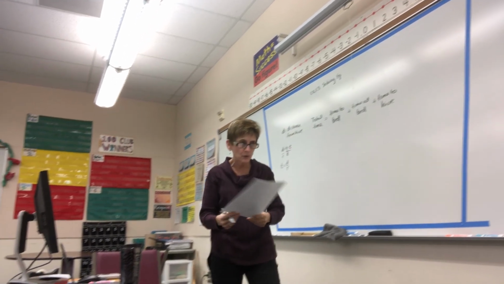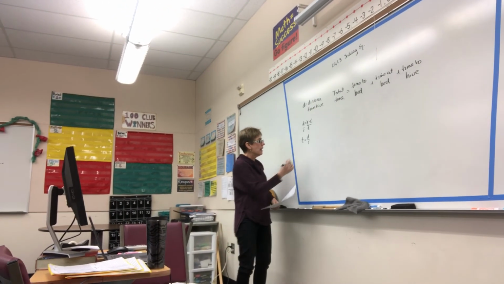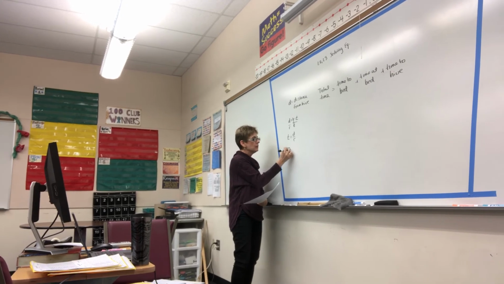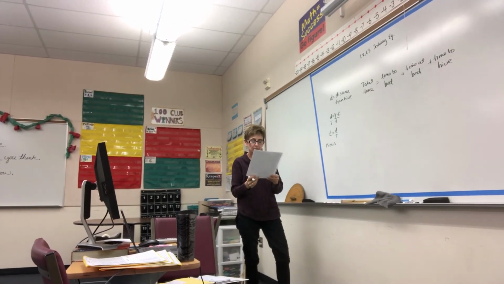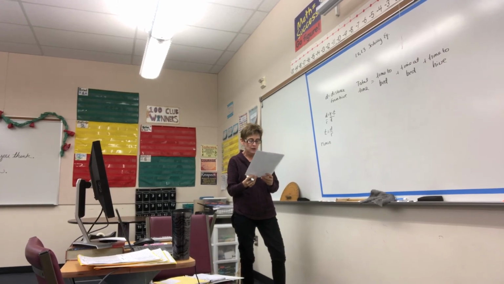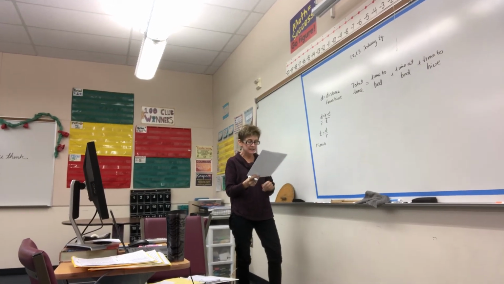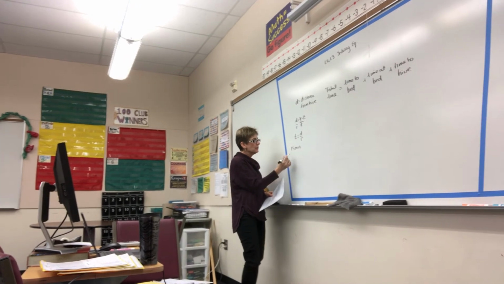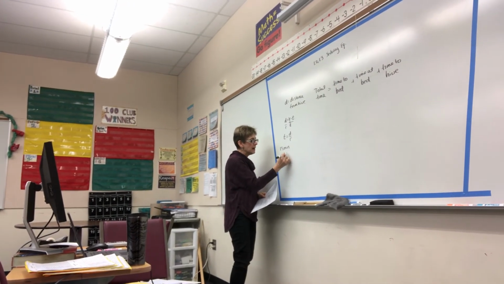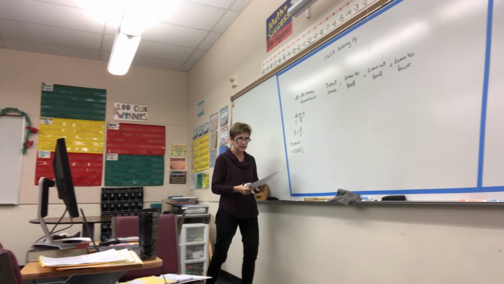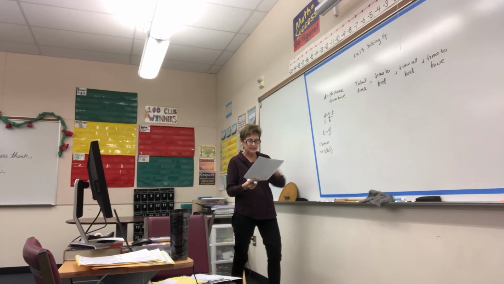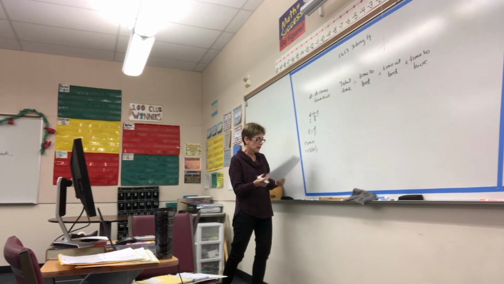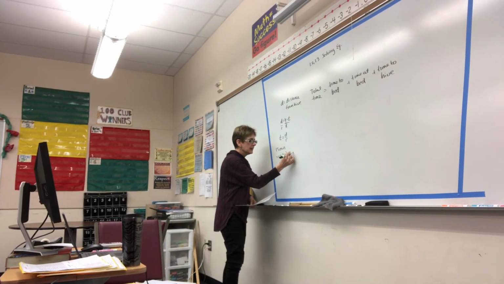So for example, we need to figure out how much 15 minutes would be in seconds, because it says that the bee stayed at the flower bed for 15 minutes. Well, each minute has 60 seconds in it, so that would be 15 times 60 seconds, or 900 seconds.